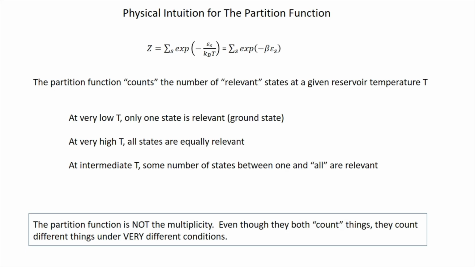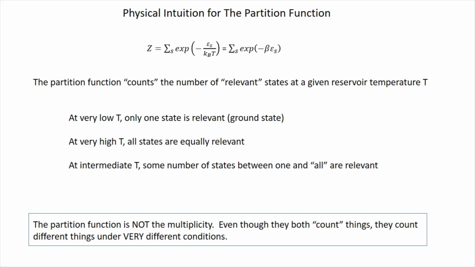Okay, so there's a really important warning that I have to give you. The partition function is sort of counting relevant states, but it is not the multiplicity. You must not confuse the partition function and the multiplicity. They both count things, but they count different things. And more importantly, they count things under very different conditions.